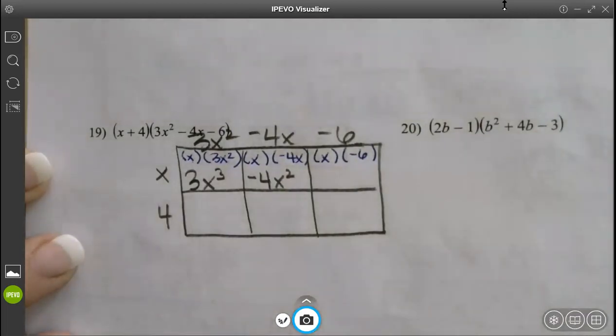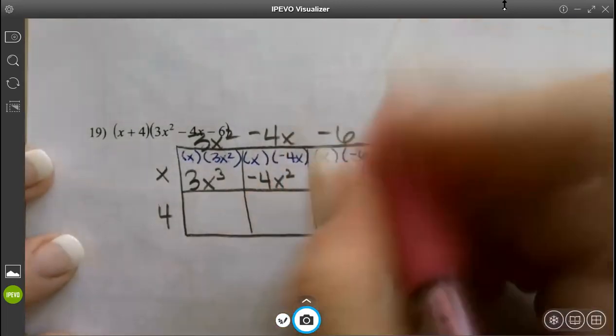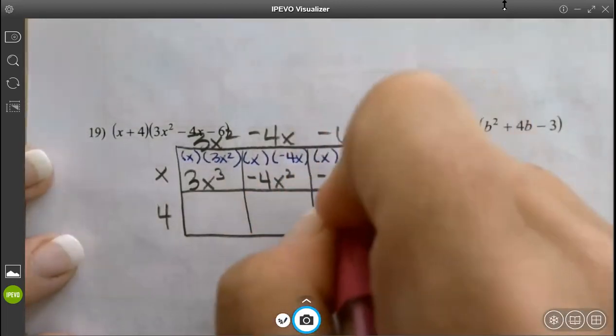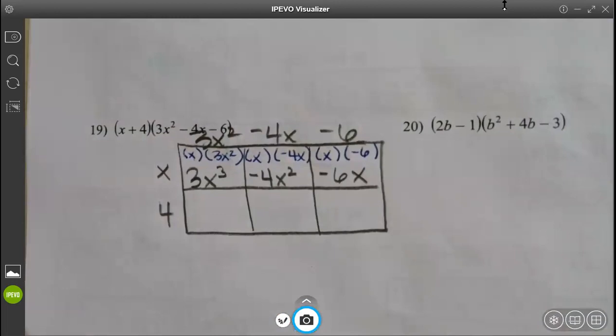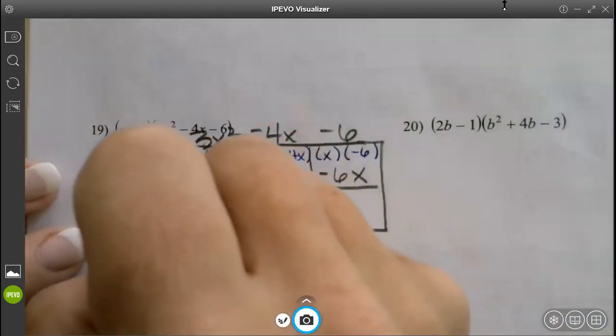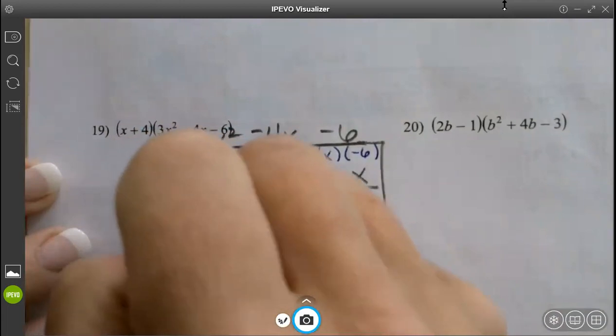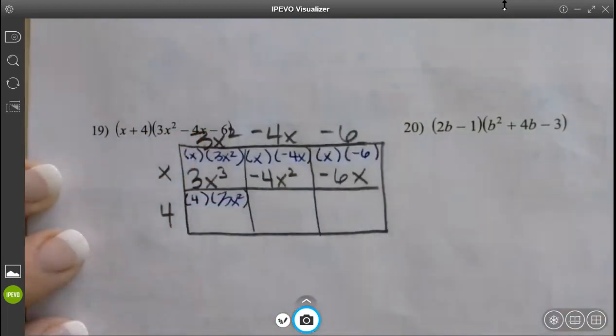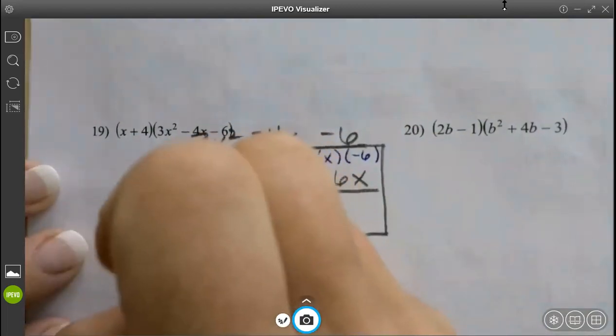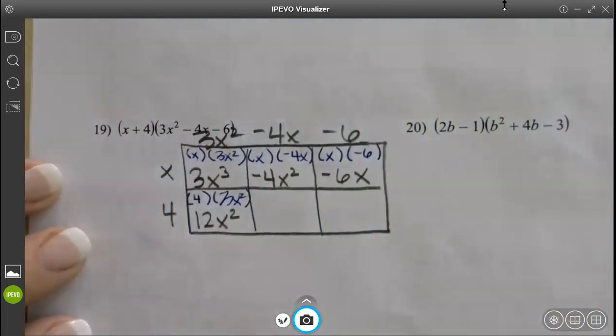Stop interrupting my class. All right, x times negative 6. The only number I have is a negative 6. The variable is x. Same thing on the bottom. We have a 4 and 3x squared. 4 times 3 is 12, and I only have 2 x's, so x squared.